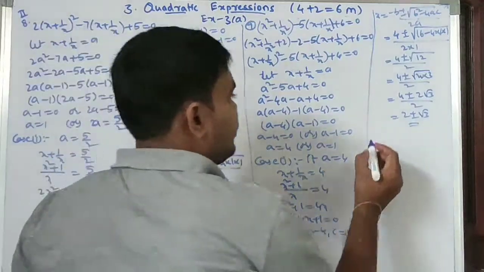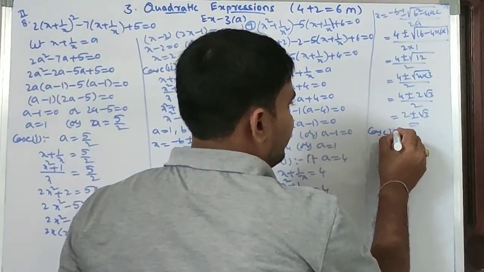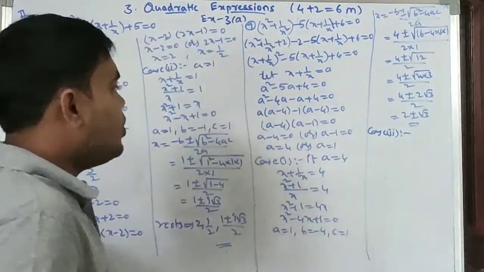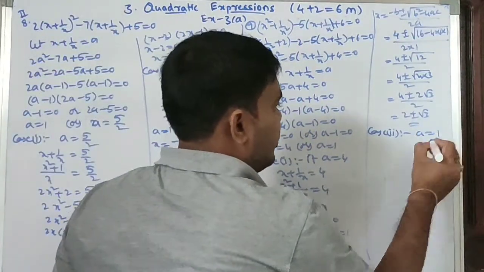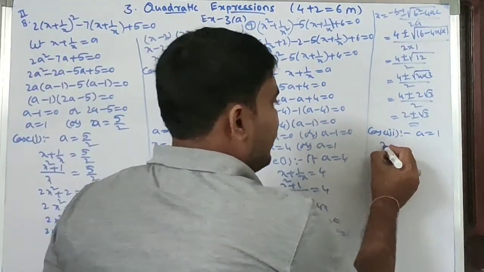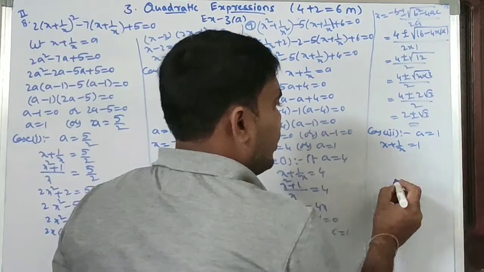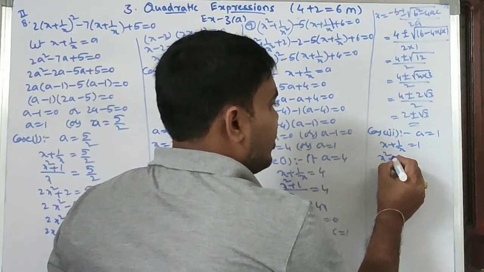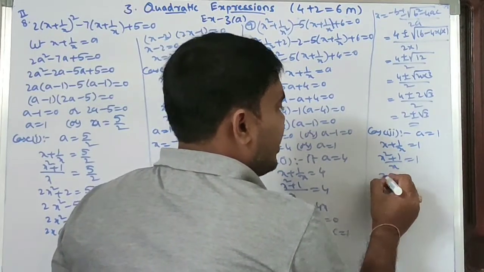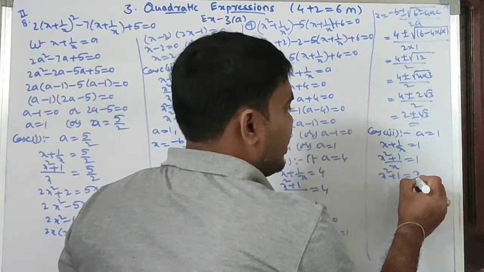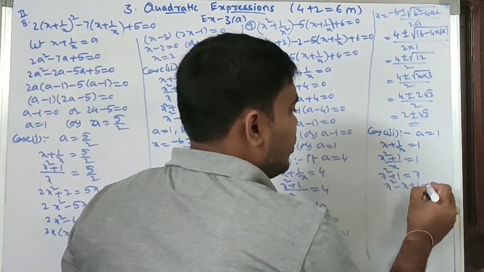So case 2, a equal to 1. x plus 1 by x equal to 1, x square plus 1 equal to x, x square minus x plus 1 equal to 0.